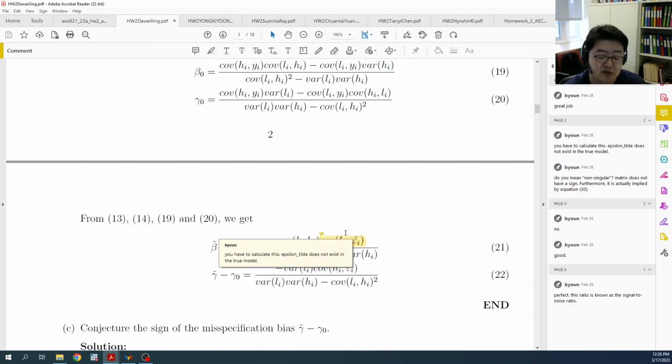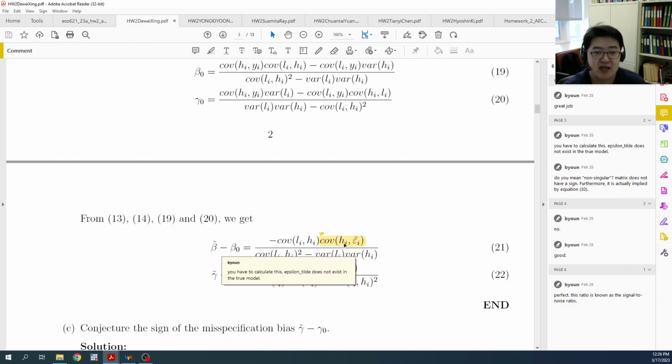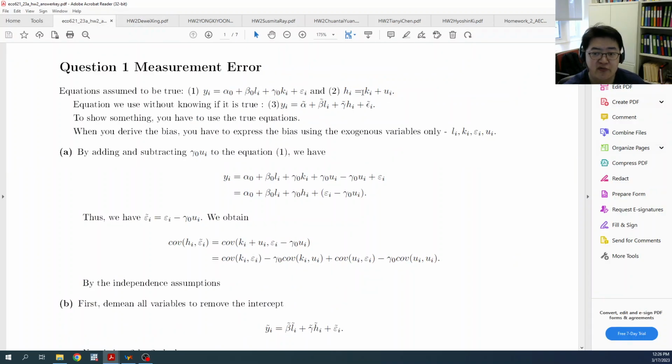This is not desirable because, first, epsilon tilde does not exist. It is just your definition, and it is not a part of the true equations. And h can be broken down into two underlying variables.